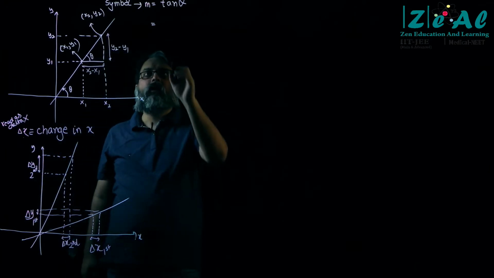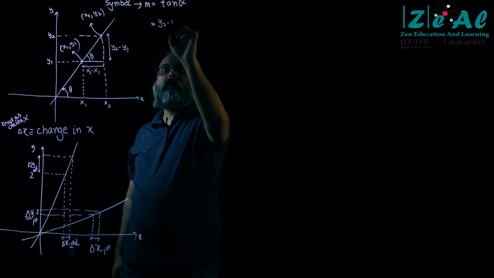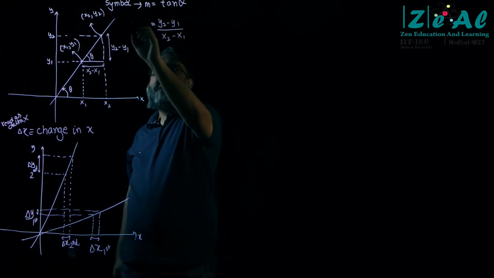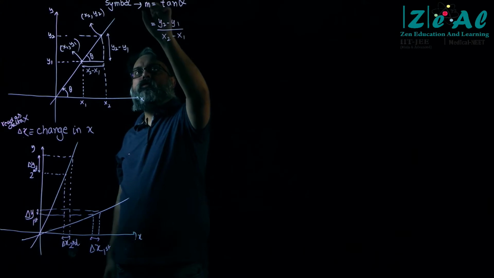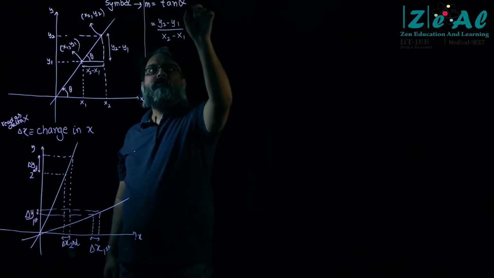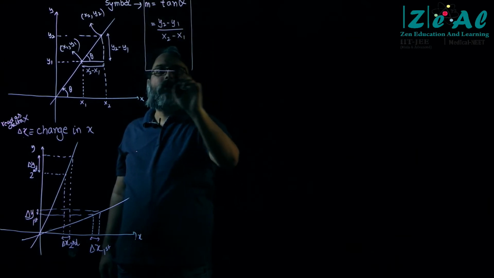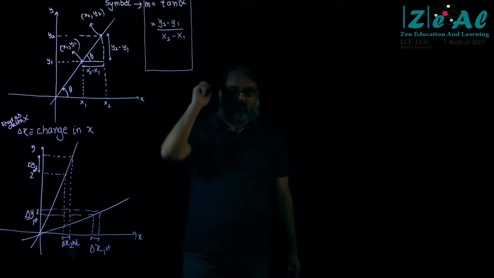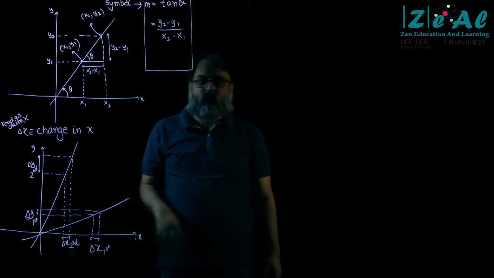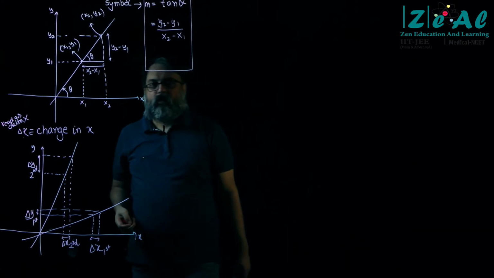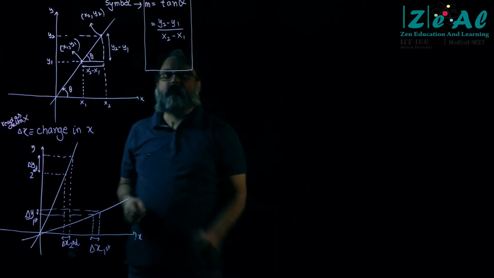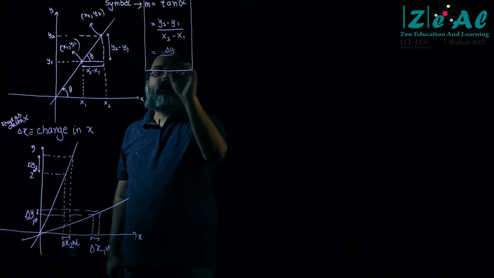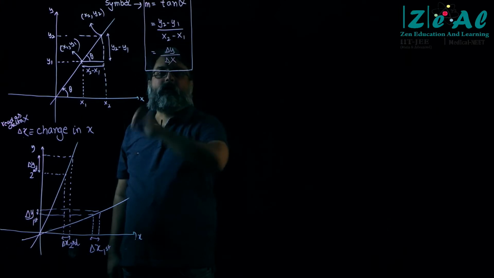And tan theta we get equal to y2 minus y1 upon x2 minus x1, which is basically what we are going to use. This is the only formula that is new to you that I am going to use in this part of the chapter. So this I can write as delta y upon delta x.